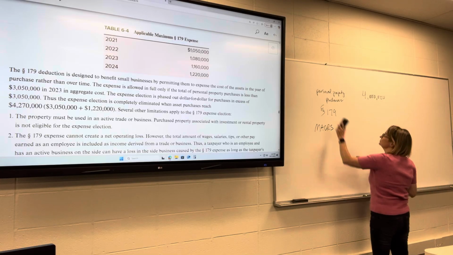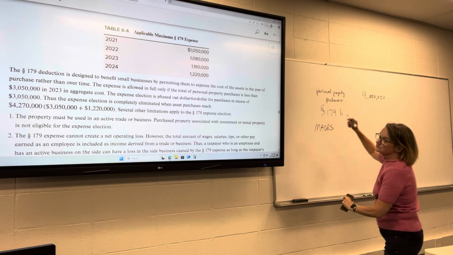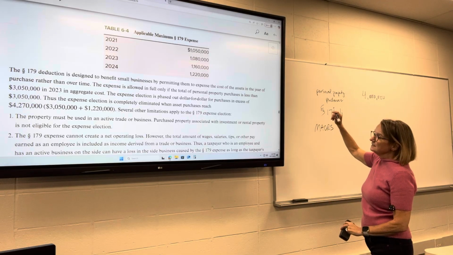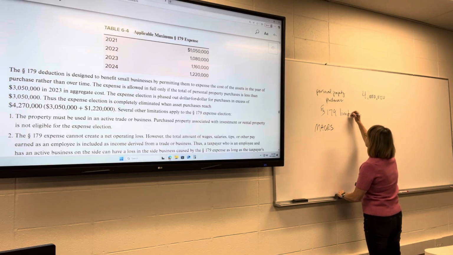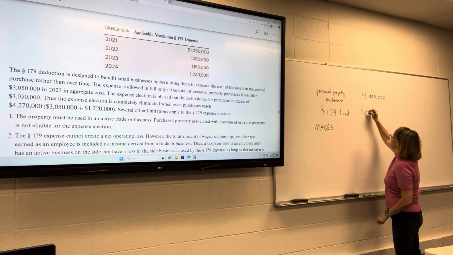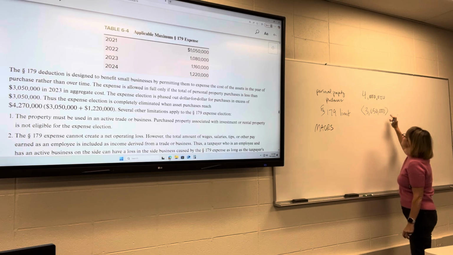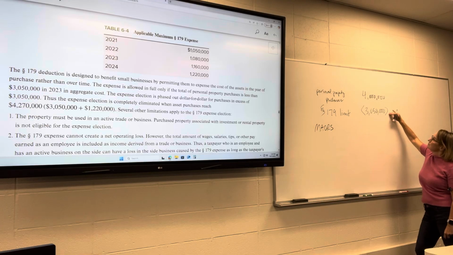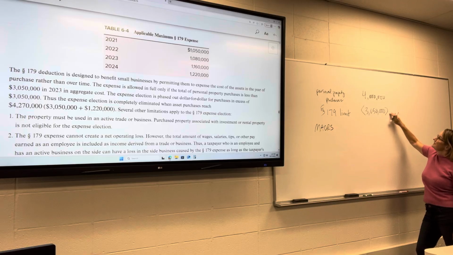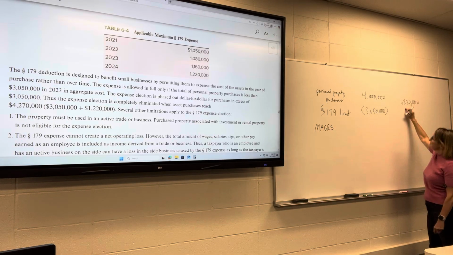Then what we have to do is, what do we call this here? It's not really, this is our first limit. We're going to take 3,050,000. So once we reach this 3,050,000 in purchases, we start to limit this amount.